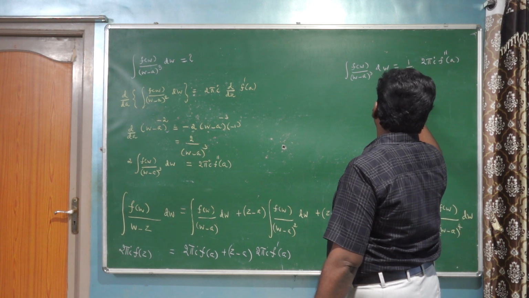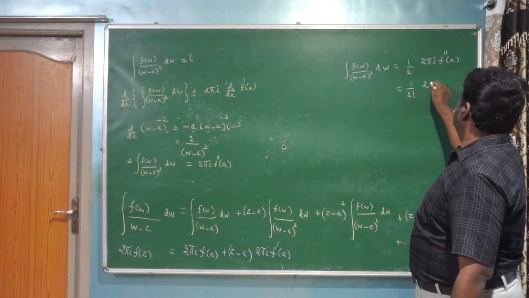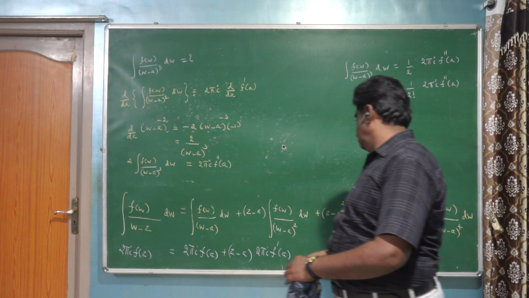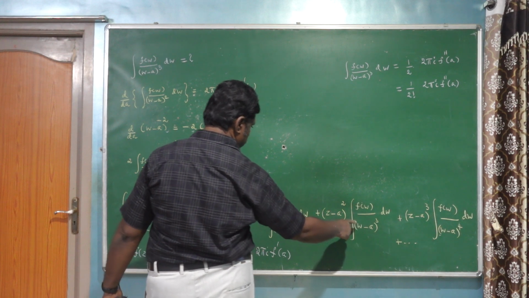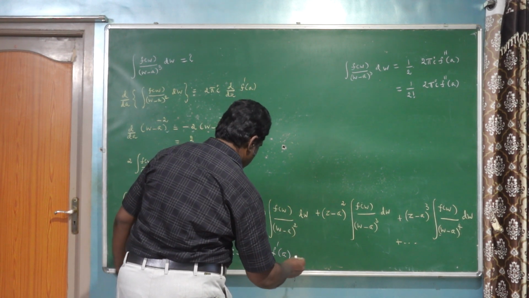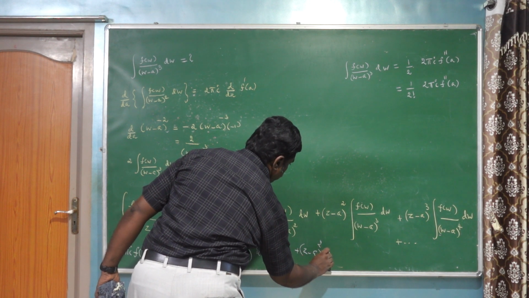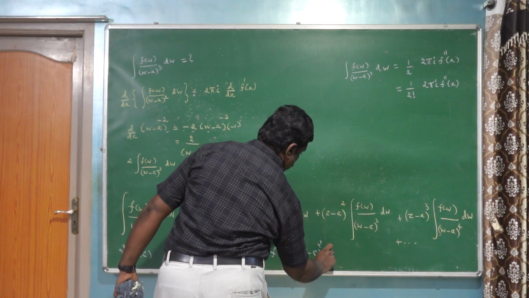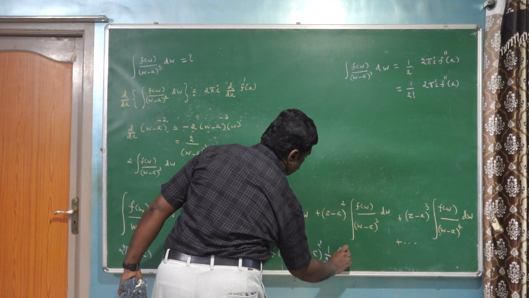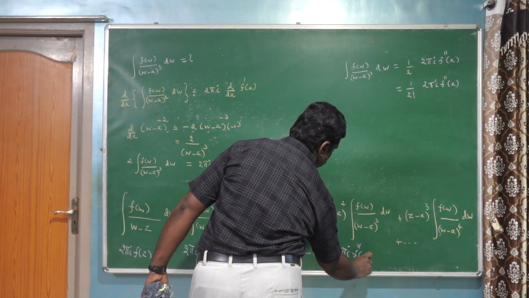Here 1 by 2 is 1 by 2 factorial. So instead of this term, we write plus (z minus a) whole square, 1 by 2 factorial, 2 pi i, f double dash of a.